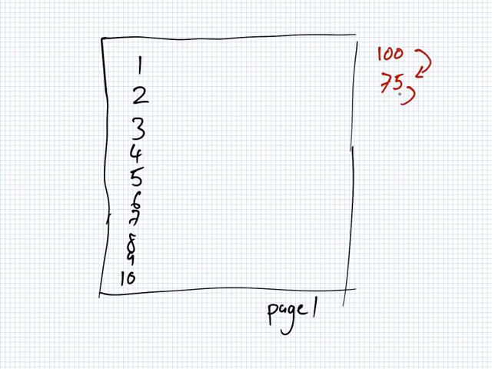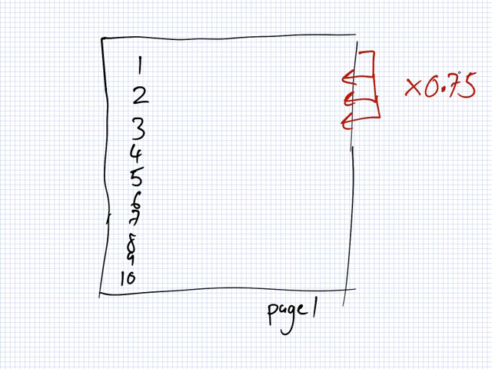So the next one would be about 56 clicks. This is really what happens with your search results. Each time, the further down the page you are, you multiply by 0.75. So it's geometric, about 0.75, roughly.